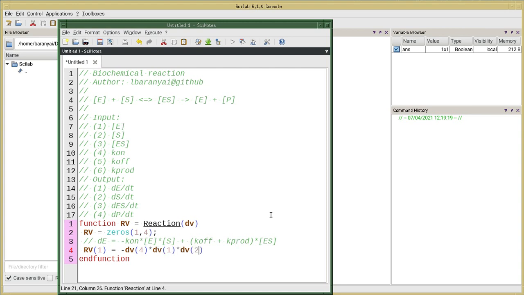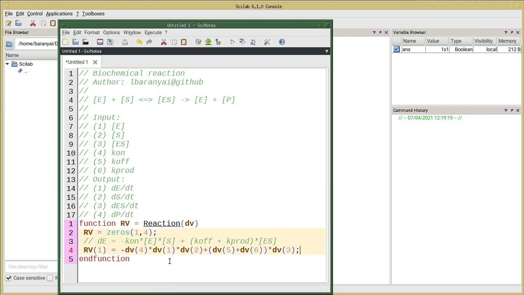So the first is ready. And then plus, we have two kinetic constants, off and production, 5 and 6. So data vector 5 plus data vector 6 together, and this summary should be multiplied by the enzyme substrate complex, which is data vector element number 3.